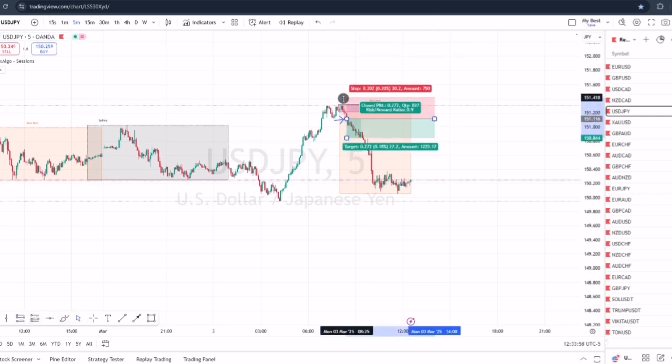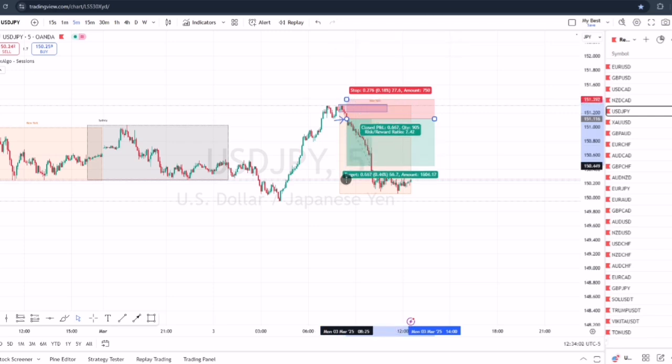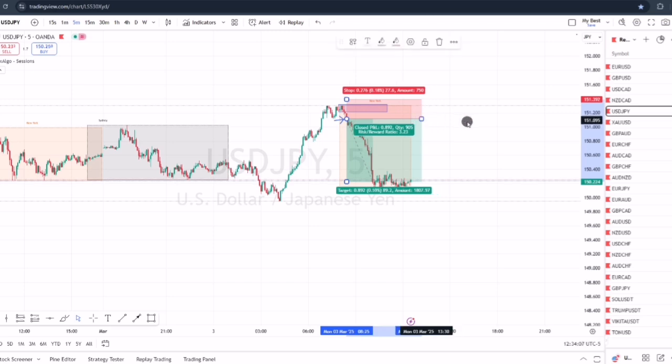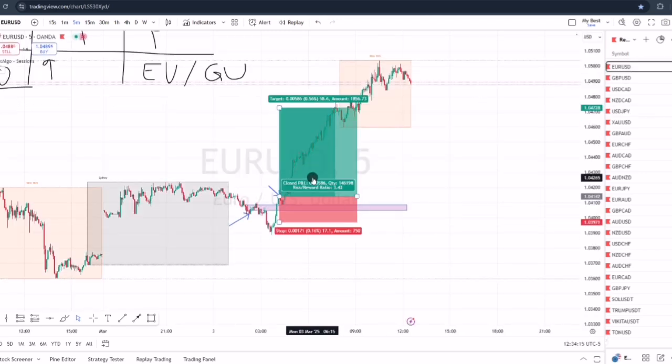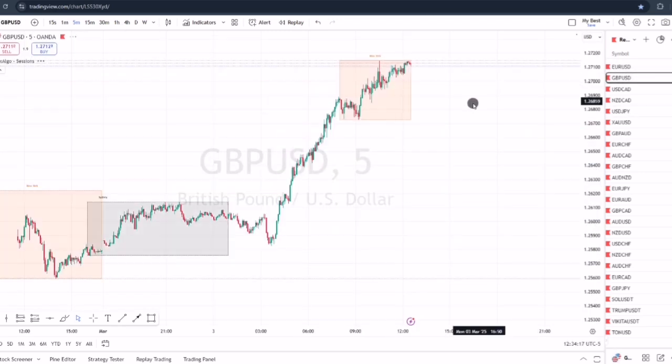I like to have very tight stops. My stops are always less than 20 pips. Most of the time it's 10 to 15 pips, nothing more than that. I can just show you here. It was 17 pips.